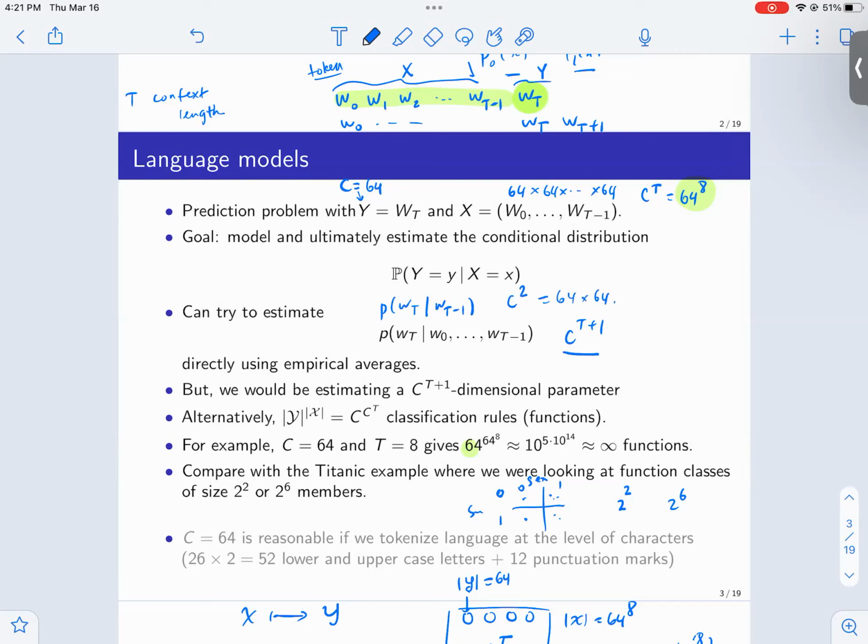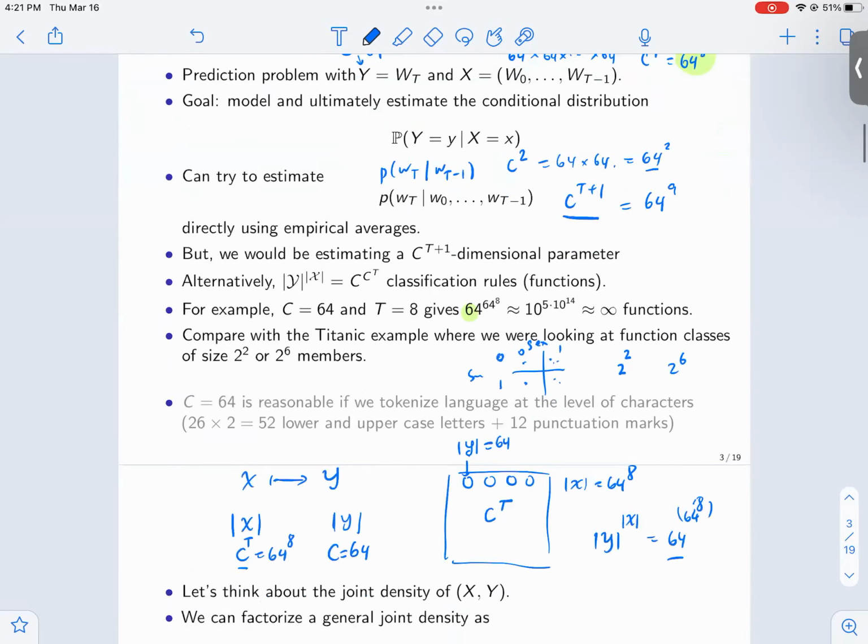That would simplify the problem a lot. In terms of parameters, this is going to be 64 to the 9 here, but here it will be 64 to the 2. So that would reduce the problem a lot.